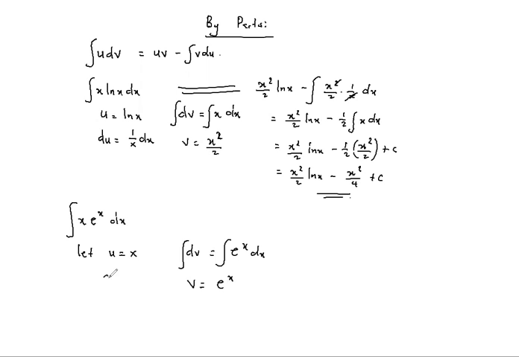When you differentiate x, you get 1 dx. So when you substitute, you get x e^x minus the integral of e^x dx. But this is just x e^x minus e^x plus a c. Really easy one.